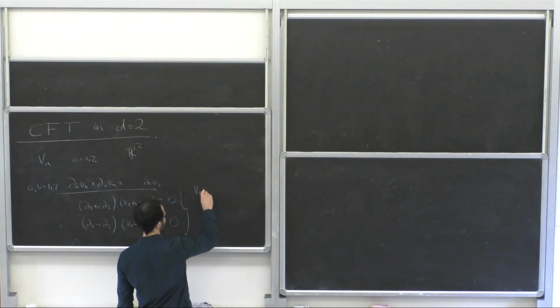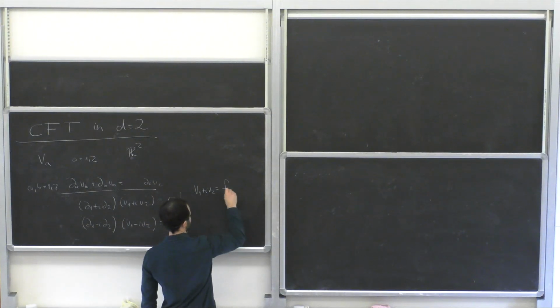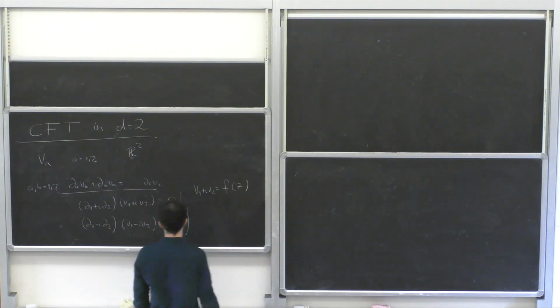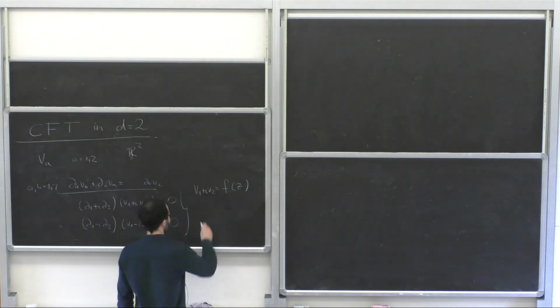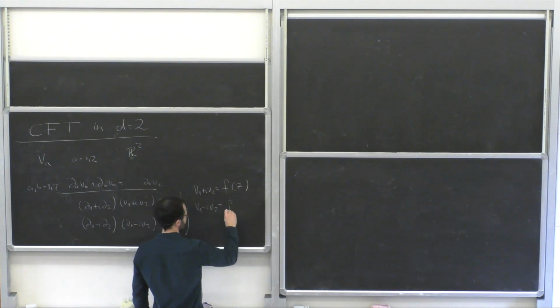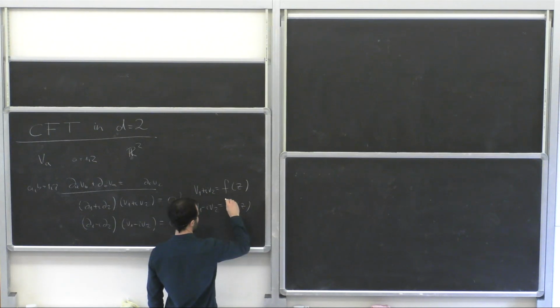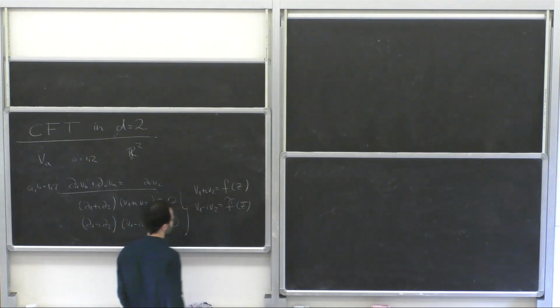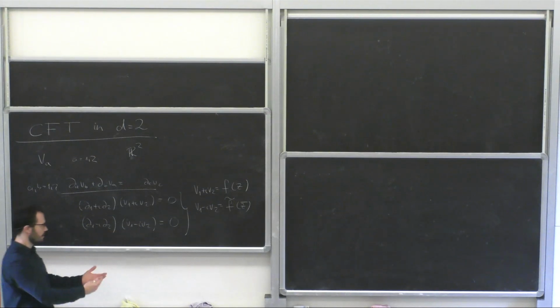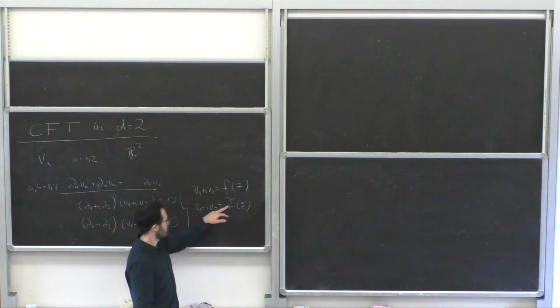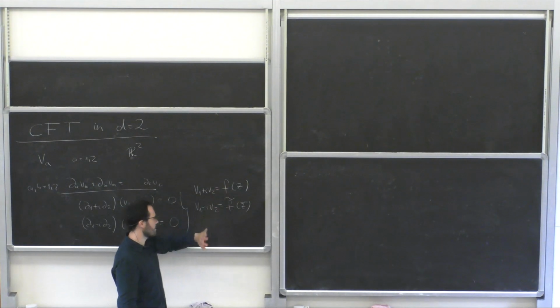So V_1 plus i V_2 should be some arbitrary holomorphic function of z. And V_1 minus i V_2 is some anti-holomorphic function of z̄, which if you want a vector field which is real in Euclidean space, f tilde should be the complex conjugate of f.